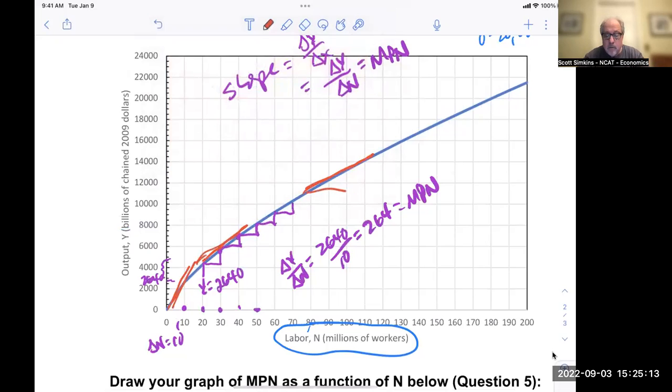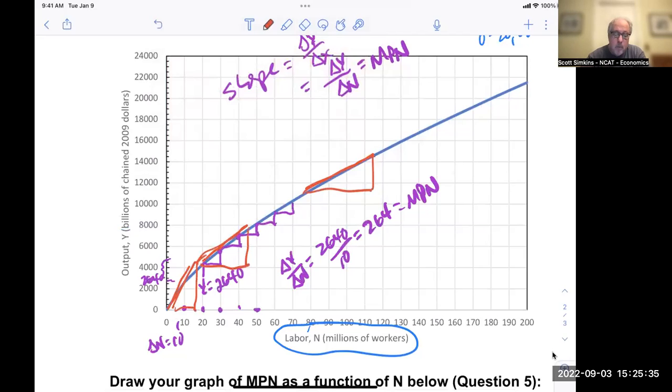This is a slope that looks like that. This is the slope back here. You can make these triangles, rise over run. So what's happening? The slope is getting smaller as employment, labor, as we use more workers.